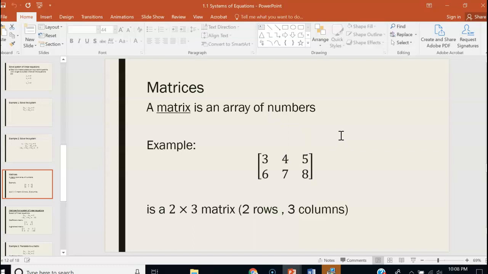A matrix is just an array of numbers, typically some sort of rectangular array, and we're always going to say a matrix is A by B, where we have A rows and B columns. A 2 by 3 matrix has 2 rows, 3 columns.